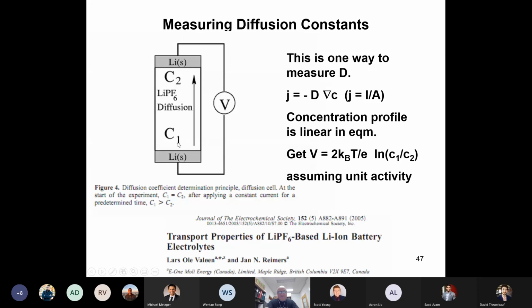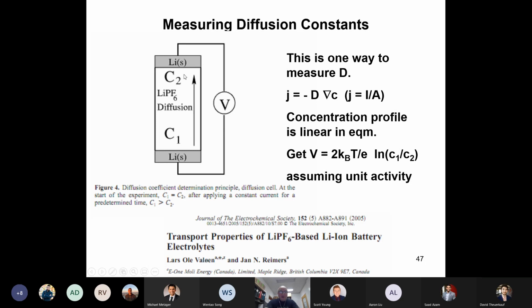Very simple method. So what you do is you make a lithium-lithium cell, okay? And then you start a current flow from one side to the other. So you electroplate lithium onto the top electrode and you strip it from the bottom one. So these two lithium electrodes, they're exactly the same. So the open circuit voltage of this cell is 0.